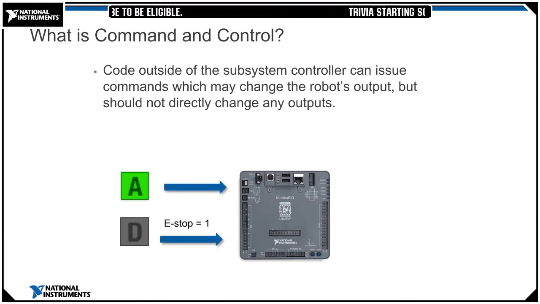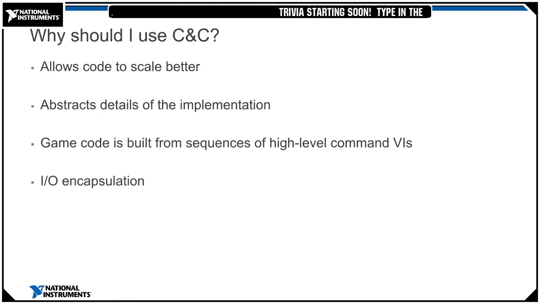Why should you use command and control? Command and control really adds functionality to the existing LabVIEW project templates. It allows code to scale better with more sophisticated robots and robot code. Subsystems are used to abstract the details of the implementation, and the game code can be built up from sequences of higher-level command VIs.